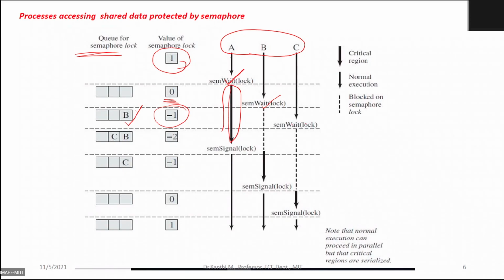And next, the process C initiates the sem wait, so again it's not available, and it is waiting in the queue. So assume that at this stage, this is the block for the semaphore, and this is your normal section and the critical section.